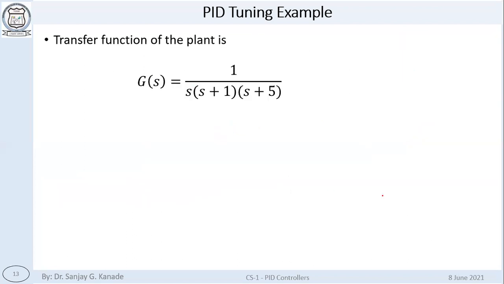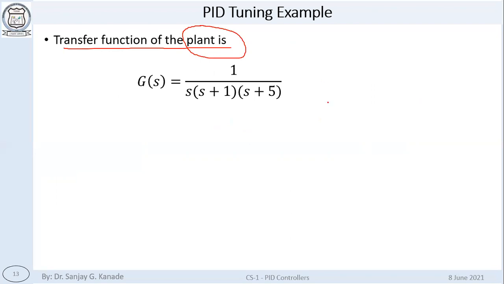So the transfer function of the plant, remember, of the plant, we are not talking about the closed loop transfer function of the whole system, is G(s) equal to 1 upon s into (s plus 1) into (s plus 5).